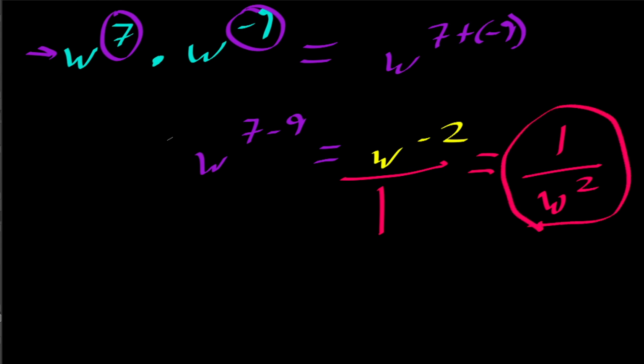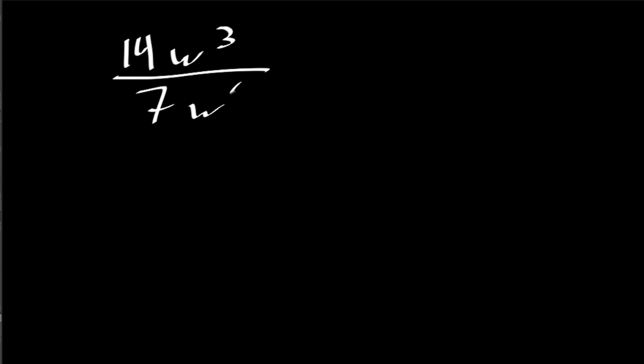Let's look at, let me find a good one for us. Let's just do one more. Let's say I wanted to do 14w to the third over 7w to the sixth.